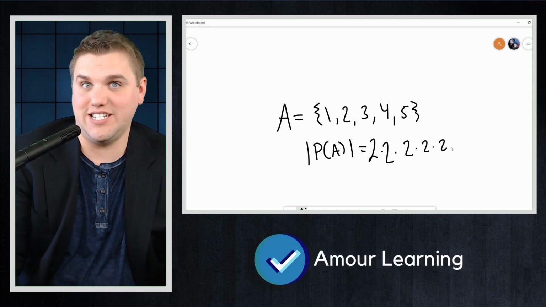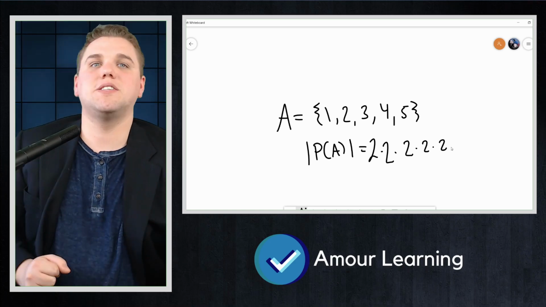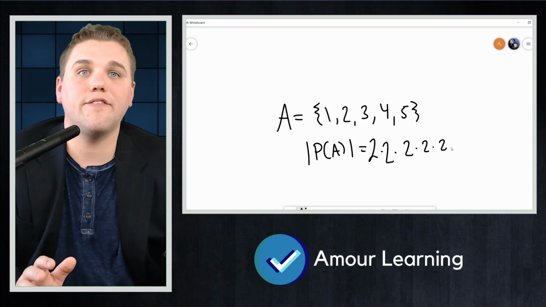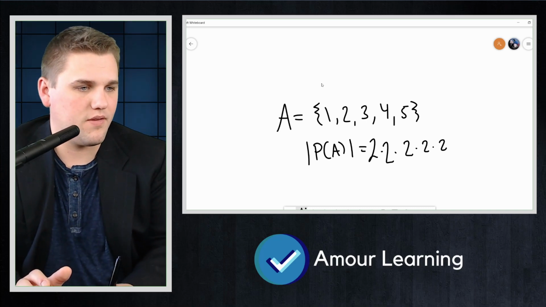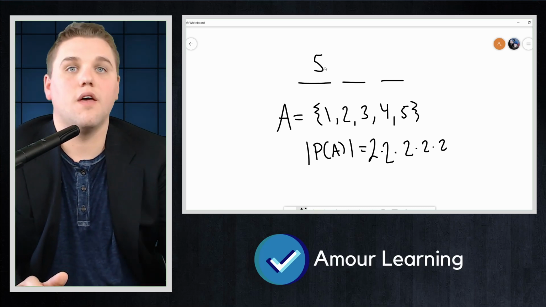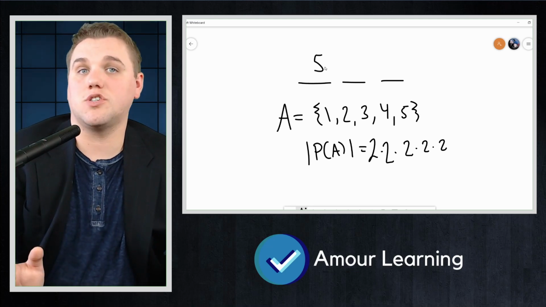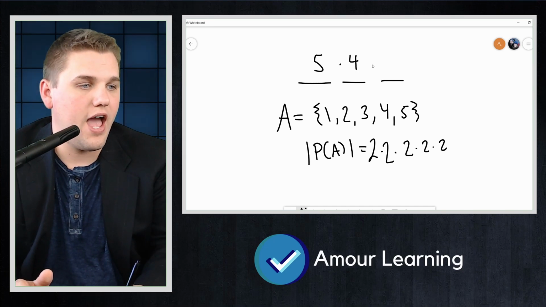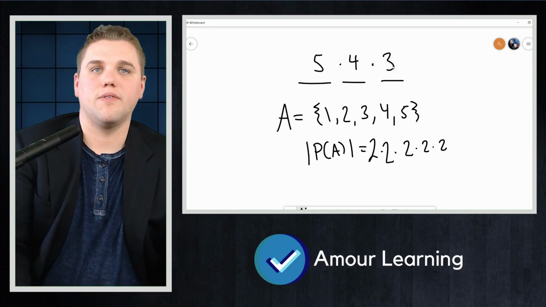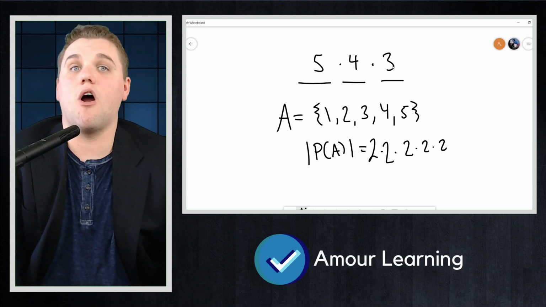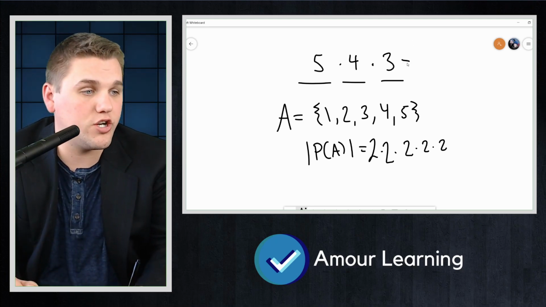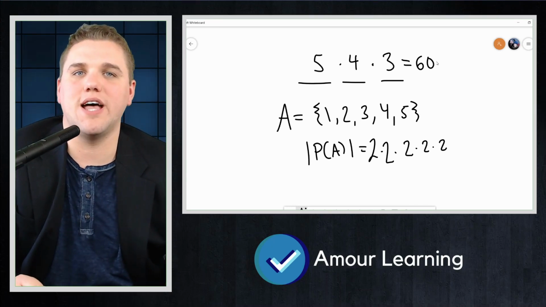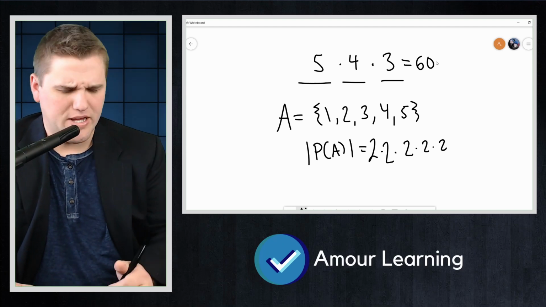Here's another bad idea, though. We need to pick 3 elements to be in our subset. There are 5 elements to choose from, so there are 5 choices for the first element. For each of those choices, there are 4 choices for the second, and then 3 choices for the third. The multiplicative principle would say then there are a total of 5 times 4 times 3 choices, which is 60 ways to select 3-element subsets.